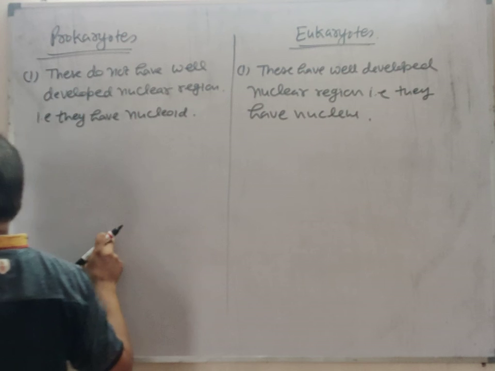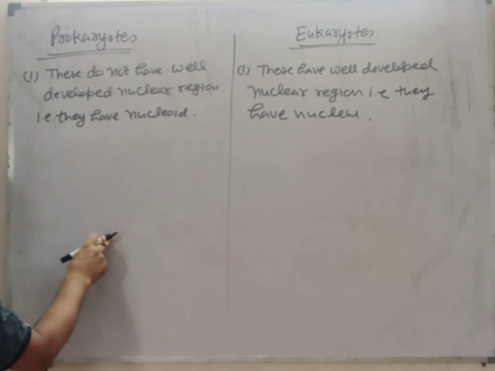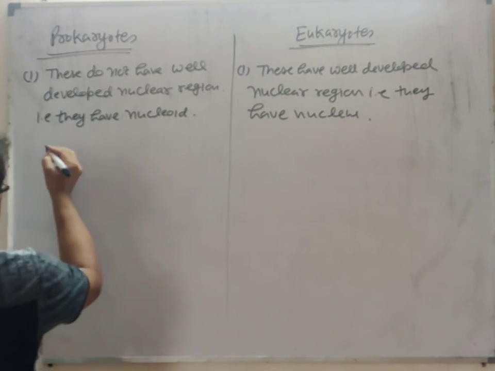Now in prokaryotes nuclear region is not well developed, they can be bacteria or blue green algae.